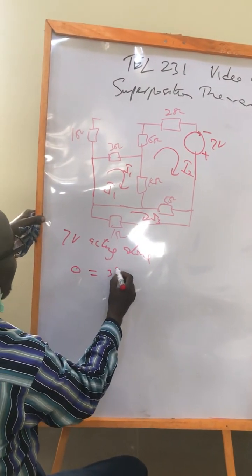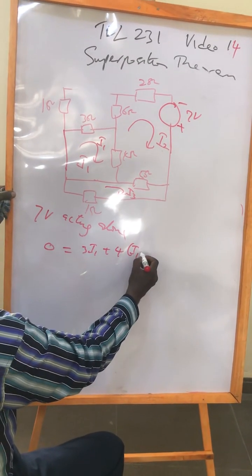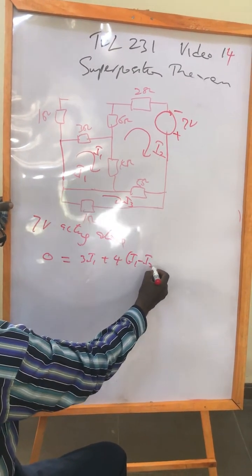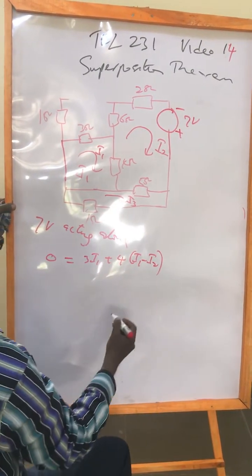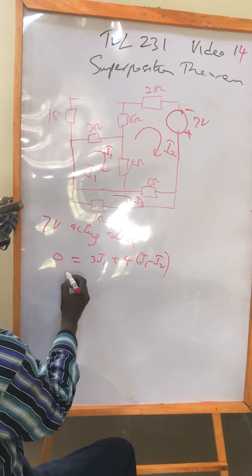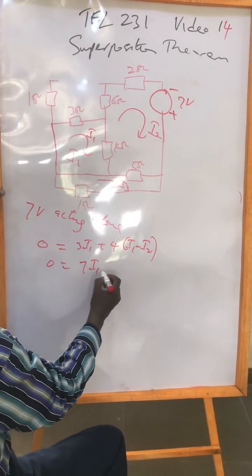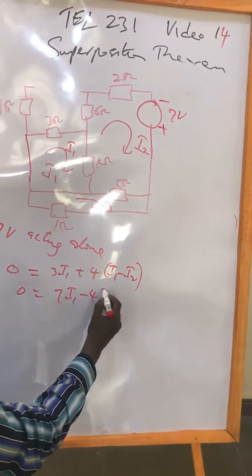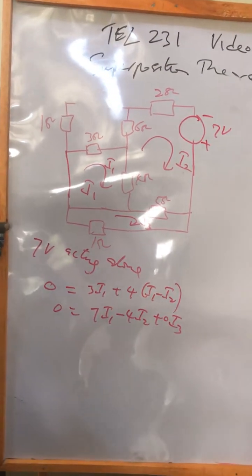I will have 3I1 plus 4I1 minus I2, because I1 is dropping down, I2 is going up. So 0 equals 7I1 minus 4I2, plus 0I3, because I3 is not there.